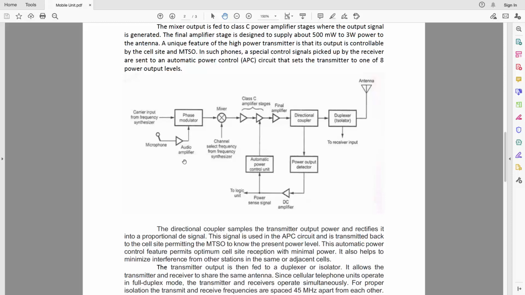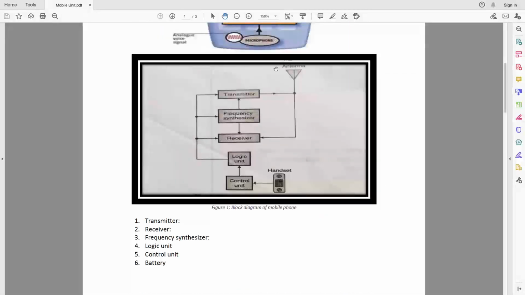And what is modulation? Modulation is simply the mixing of a carrier signal and a baseband signal, meaning your information signal. So what is the baseband signal in a mobile handset? It is nothing but your voice.